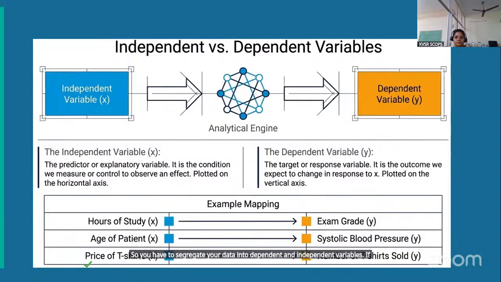If you identify the dependent variable wrongly, your calculations become wrong. For example, when I am dealing with diabetic data, what is my dependent variable here? Whether the patient is diabetic or non-diabetic.